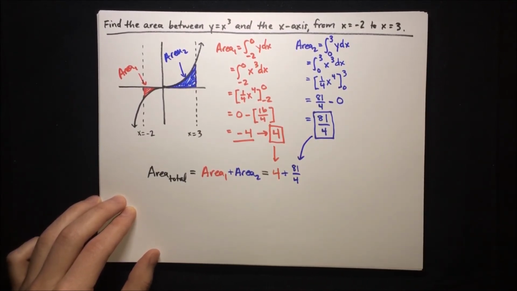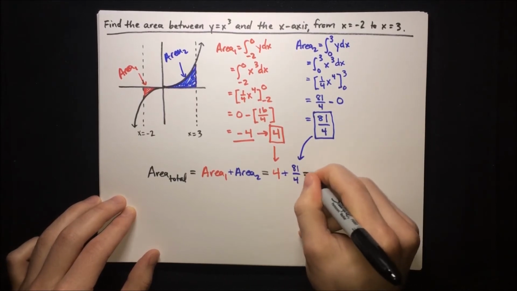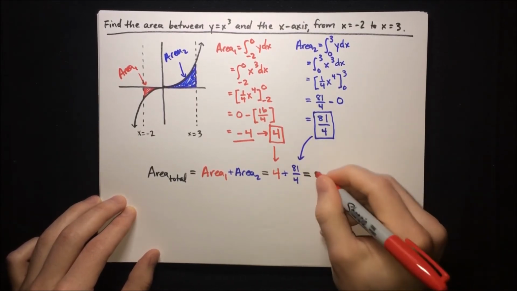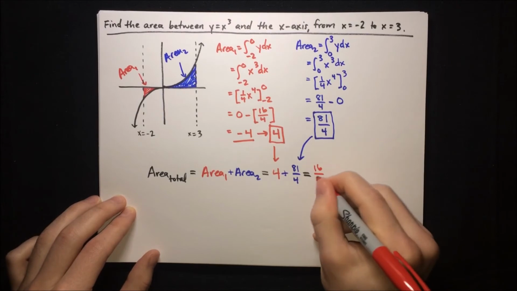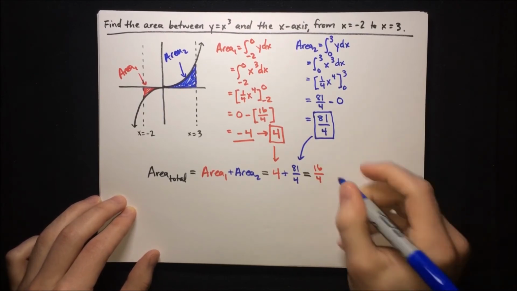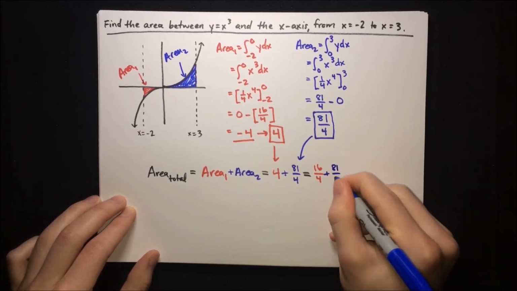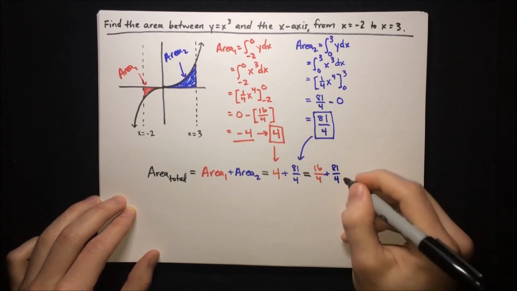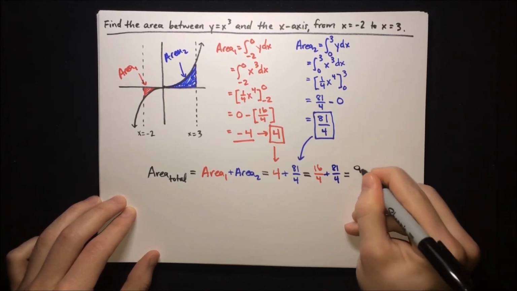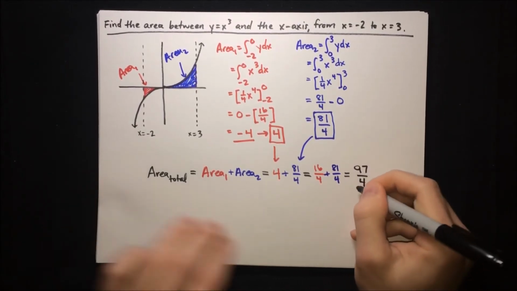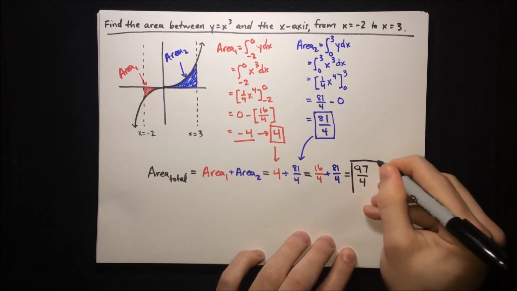And then, so 4 is just 16 over 4. And then when we add 81 over 4, we're going to get 97 over 4. And that's going to be our total area.